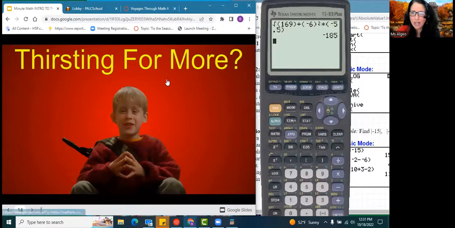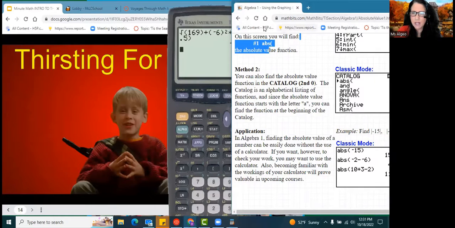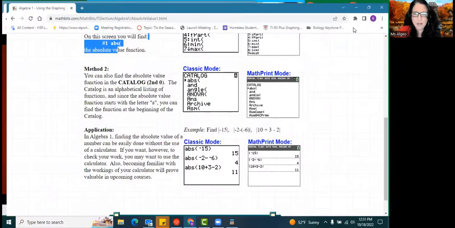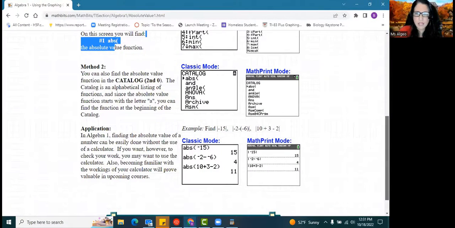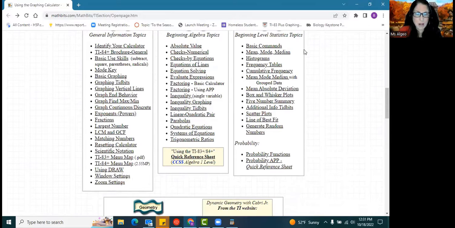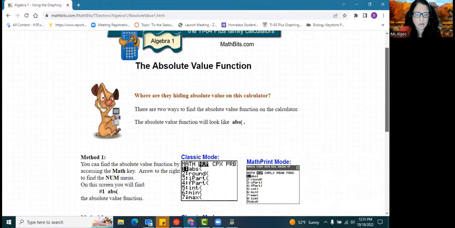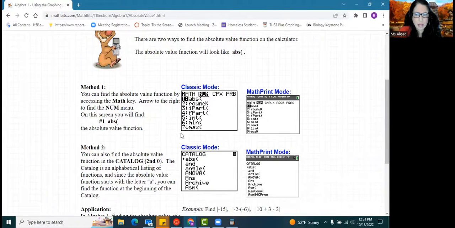If you would like to practice some more, I'm going to put a link at the bottom of the page. And what you're going to see is it'll take you to a website that, let me open this here now. You can see a list of ways to find your way around the TI-83 calculator. So let's say you're doing absolute value, and it'll show you where you can locate absolute value.